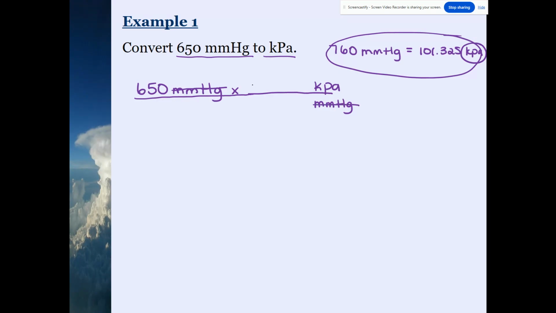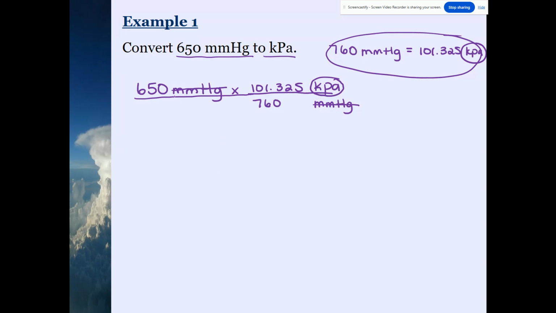Okay, so I put my 101.325 kilopascals on the top and my 760 millimeters of mercury on the bottom. Again, whatever you want to solve for goes on the top, and the unit that you're trying to cancel needs to go on the bottom so that it cancels with the original units you start with.